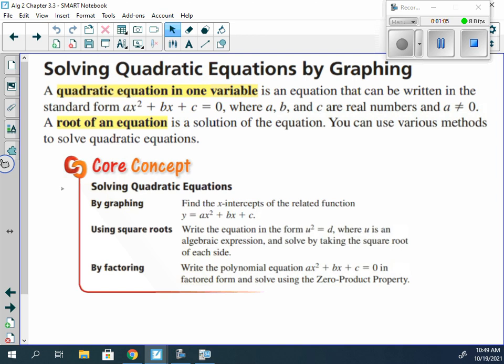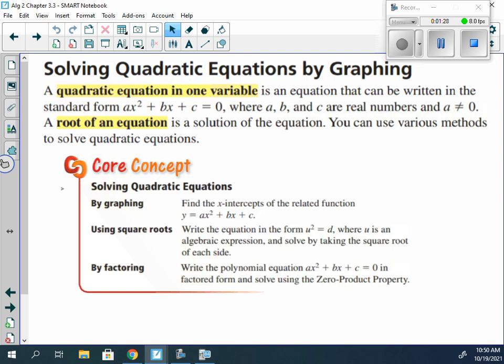A cannot be 0, because if a is 0, then ax squared would be 0, which means it wouldn't be a quadratic equation. An equation is quadratic if we have a variable to the second power. Without that, it would not be a quadratic equation.